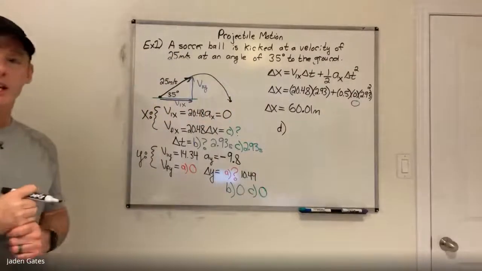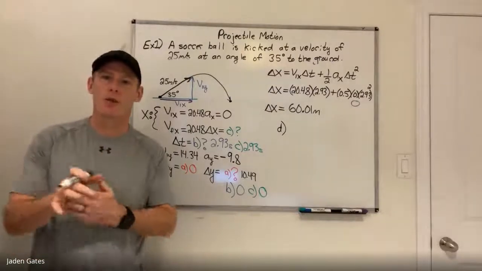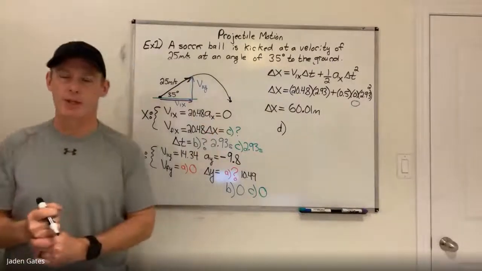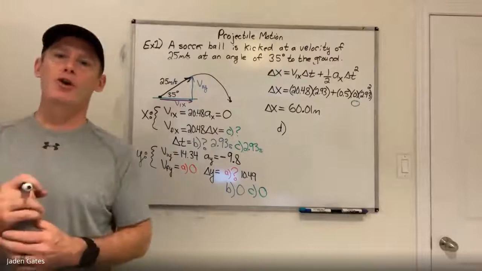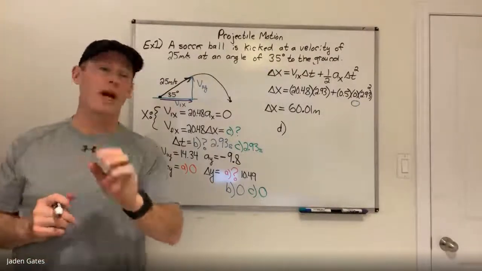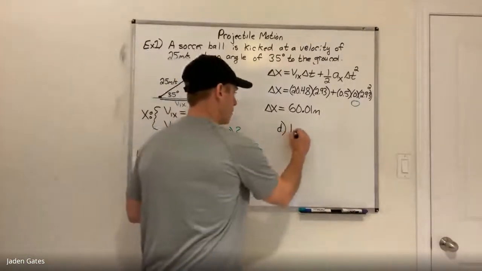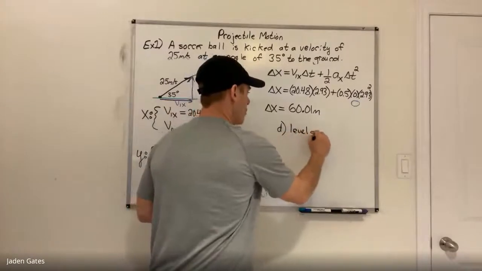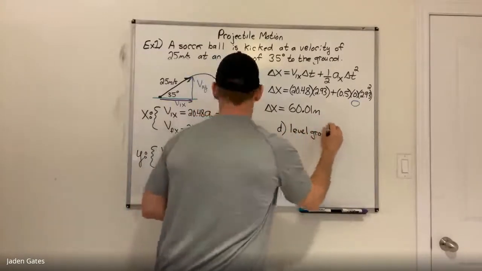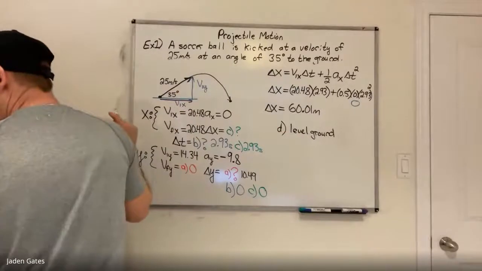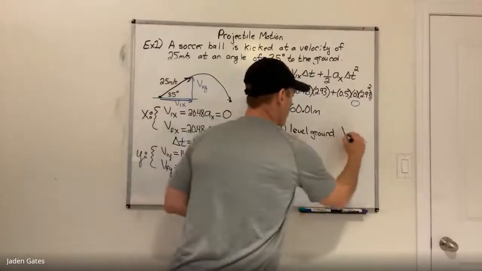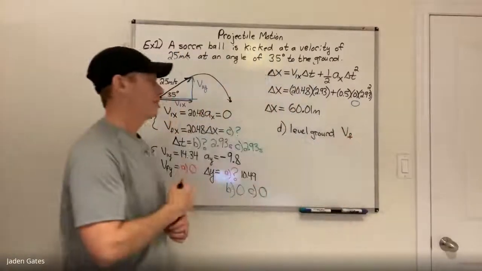Now, we get to D. Now, D is a nice, interesting situation. Again, this is where some physics comes into play. This soccer ball is being kicked on level ground. That is key here. Level ground. And so what we're looking for in D is finding the final velocity of the ball.